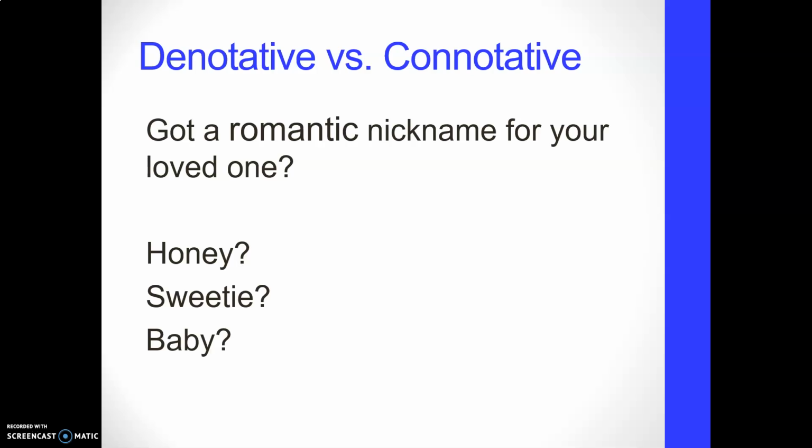Or I call him baby. Is it because he is literally a baby who cannot take care of himself? Of course not, right? So in this situation, I'm using the connotative meaning of honey and baby to convey my affection to my husband, to convey the relationship between us.